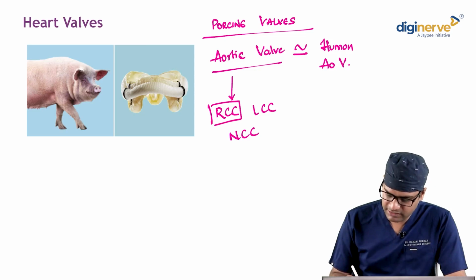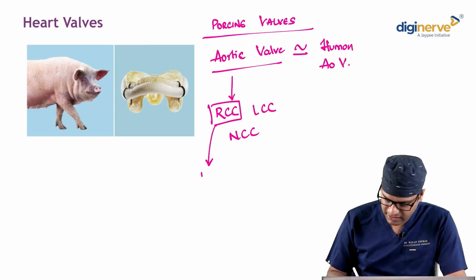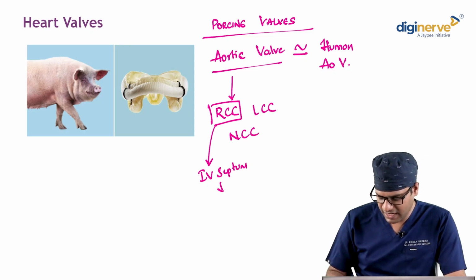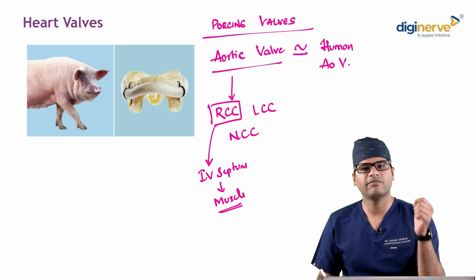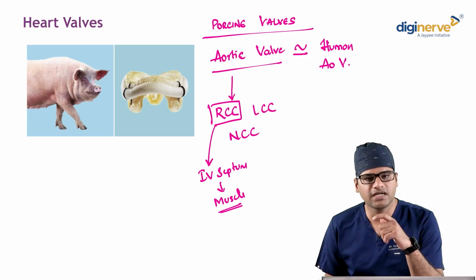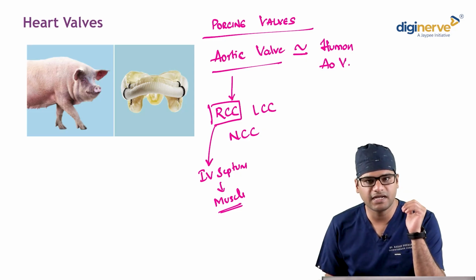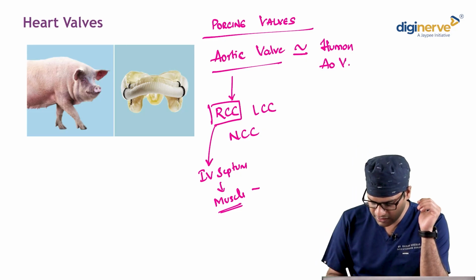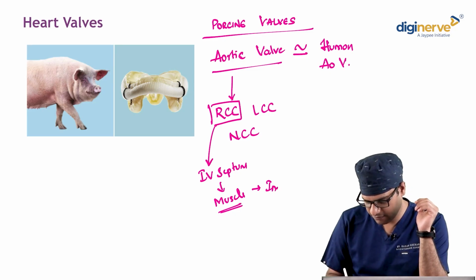The right coronary cusp, however, of the pig is attached to the interventricular septum, which means it has its own muscle attachment to it. Now, the moment we harvest the right coronary cusp and implant it to the human tissue, there is a definite vascular reaction, and this induces immunogenicity.